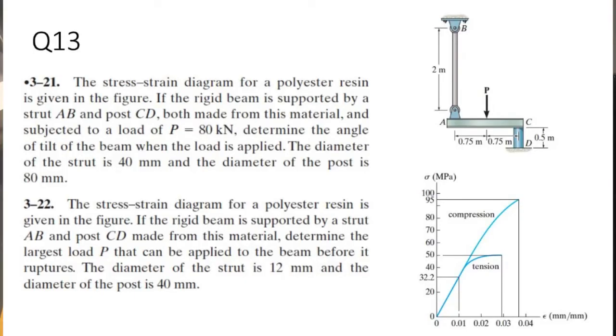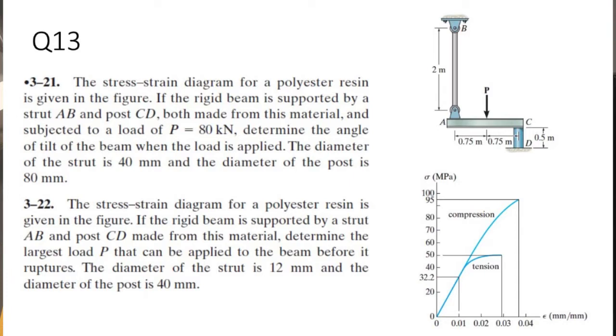So moving on to question 13. You can pause this video for a moment so that you can understand the situation. Okay, let's continue. Here we can see the dimensions and the length of this rod, and this rod below, and there is this bar AC here.